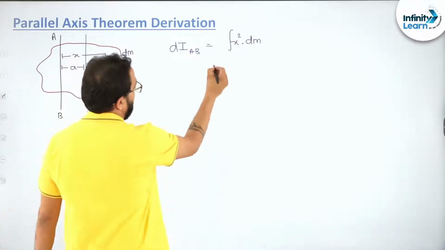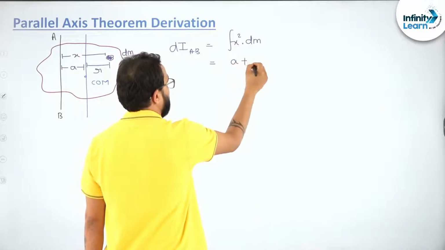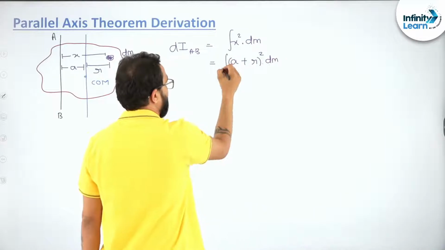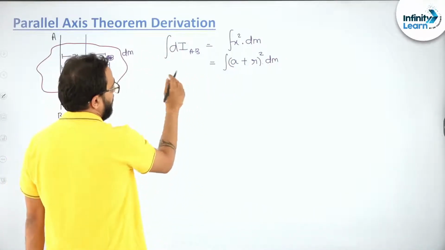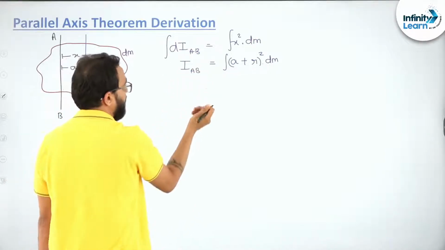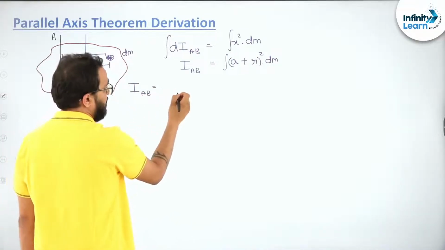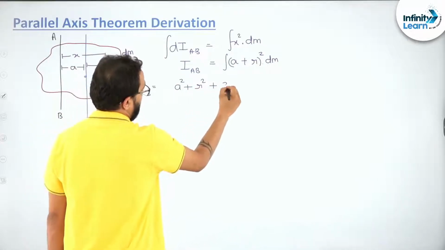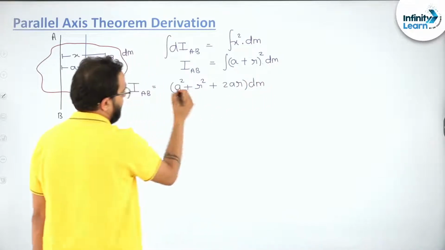Now, what is x? It is a plus r whole square dm integration, okay? Are you able to understand? So, the integration of this will be IAB, right? So, I about axis AB will become integration of a square plus r square plus 2ar dm.